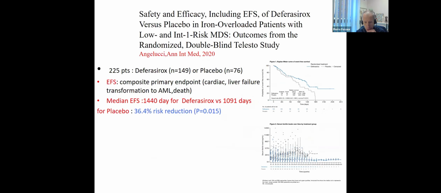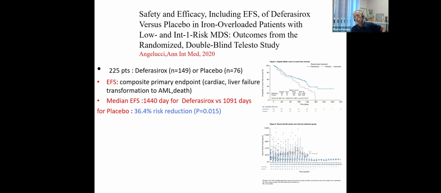And so there are some drugs to reduce the iron overload, and the main drug is deferasirox, which is an iron chelator, and it's been shown in a randomized trial comparing deferasirox and placebo that you had a better event-free survival, probably improved by something like 30%.